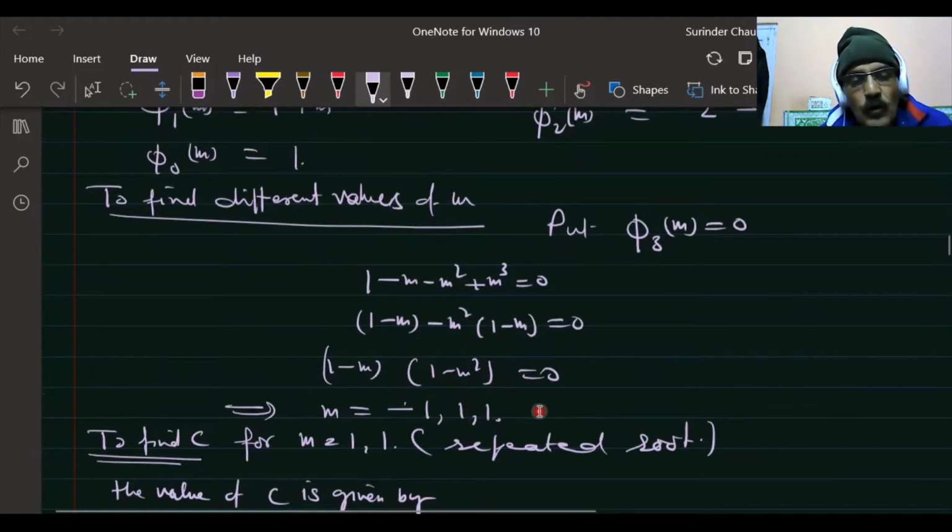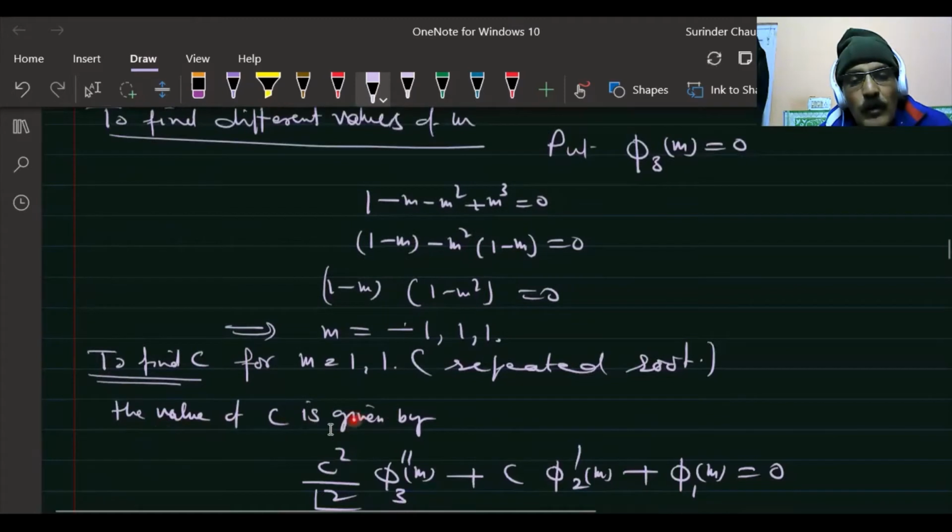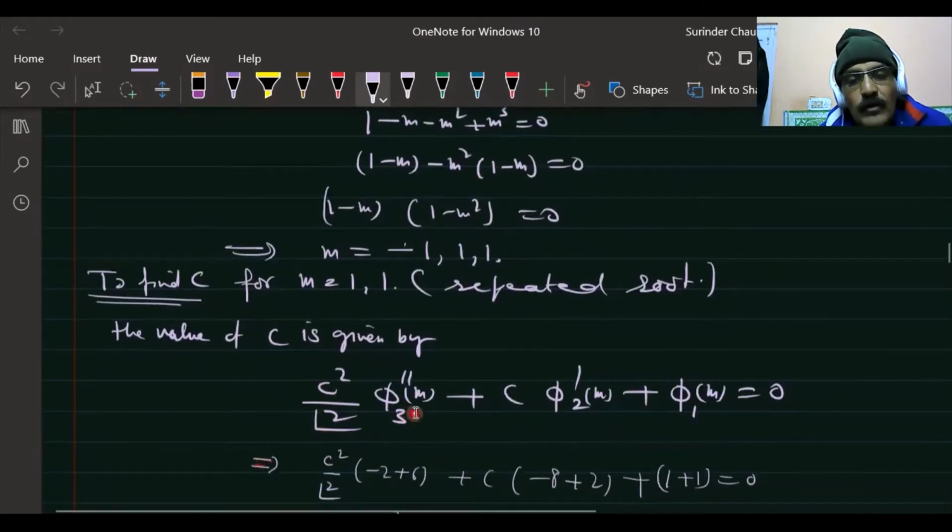To find the value of c for the repeated root, the formula used is c square by factorial 2 times phi 3 second derivative of m plus c times phi 2 derivative of m plus phi 1 of m equals 0.